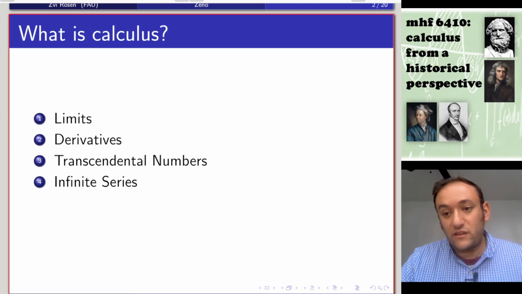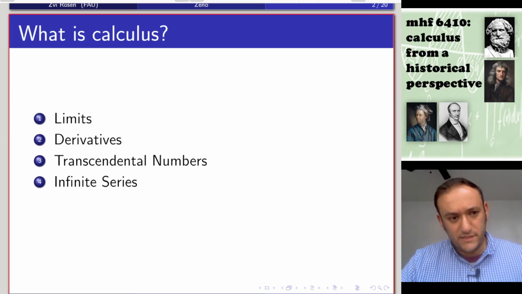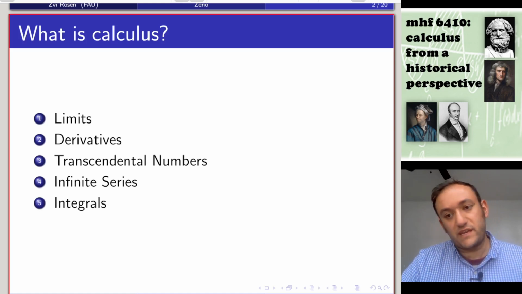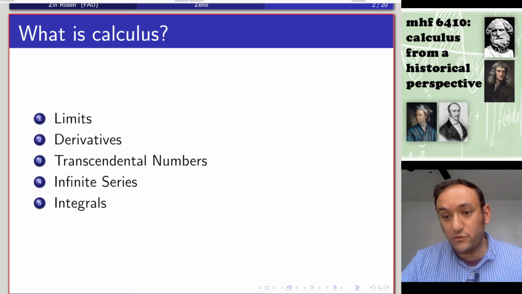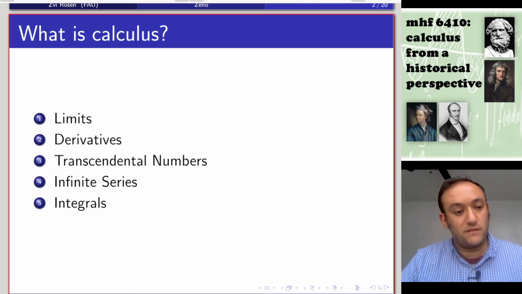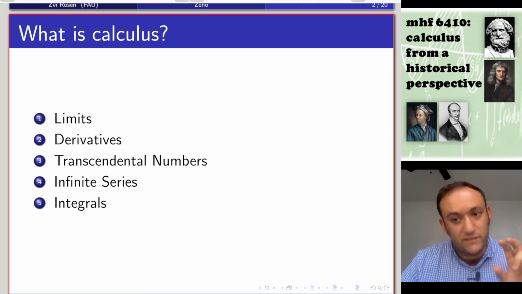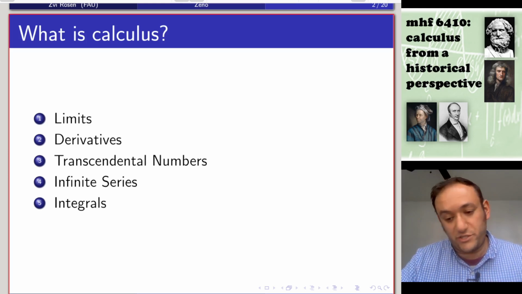Then we can talk about infinite series, and these can also be defined in terms of limits, but these are sums of infinitely many numbers. And using infinite series, we can define integrals, which are areas that can be defined by a limit of a sum of infinitesimal areas within a region.